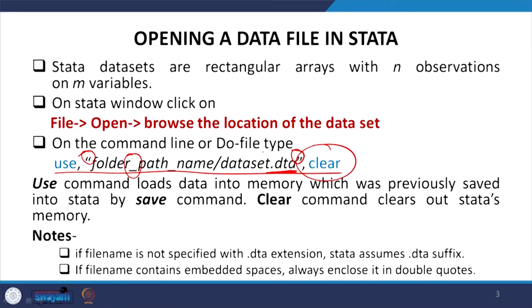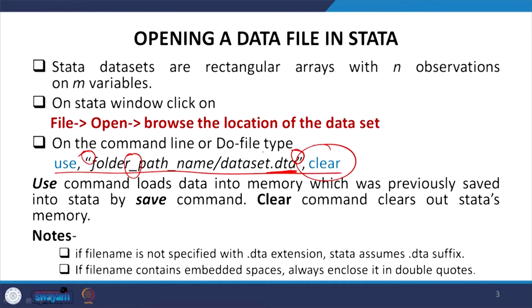But this is subject to the file type. For example, if it is an Excel file, obviously it will not be in .dta. Stata will automatically assume a .dta file, because these files can be converted to Stata easily. An Excel file is generally convertible to Stata. But it will automatically assume that you have a .dta file if no extension is given. Now, the issue comes when you have embedded spaces.